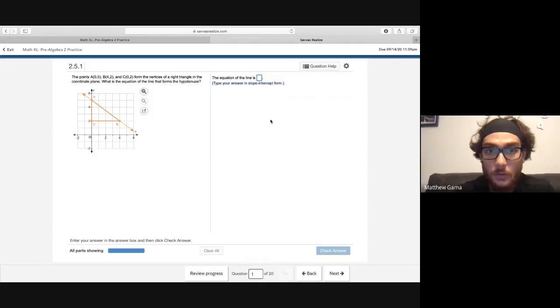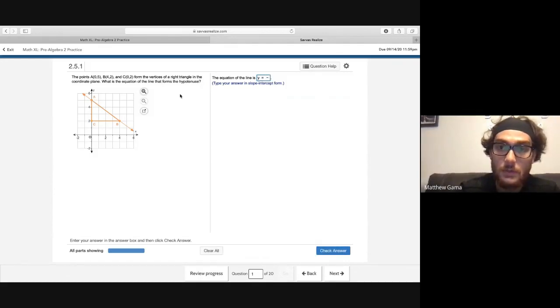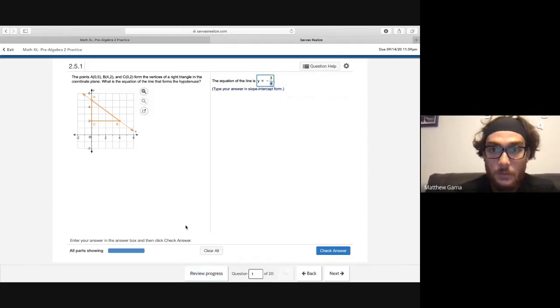So we're looking for the equation of the line. Well, we have a negative slope of 3/4. So y equals negative 3/4, and then our y-intercept is at 5, so plus 5.